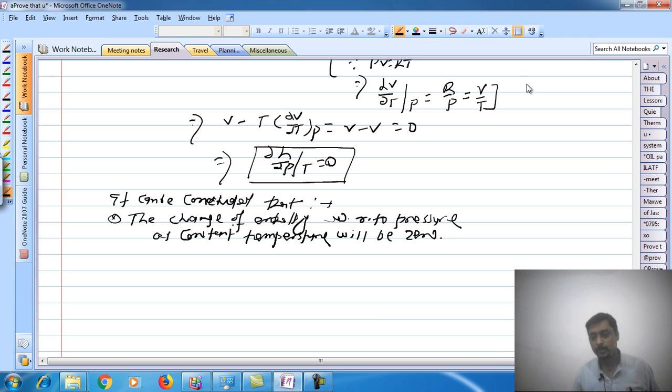While solving such a problem, we need to be careful regarding several formulas we have studied in this lesson. So this is all about some important problems of thermodynamic relationships. Thank you.